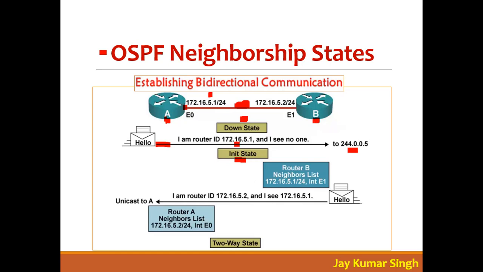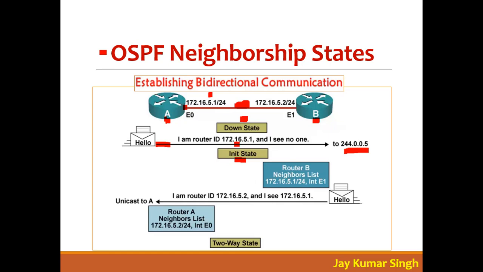router B has OSPF now. So router B will receive this hello message from router A on 224.0.0.5, because it's a multicast address. Once it receives the hello message from router A, it will build the neighbor table, because in the hello message everything is there to build it.